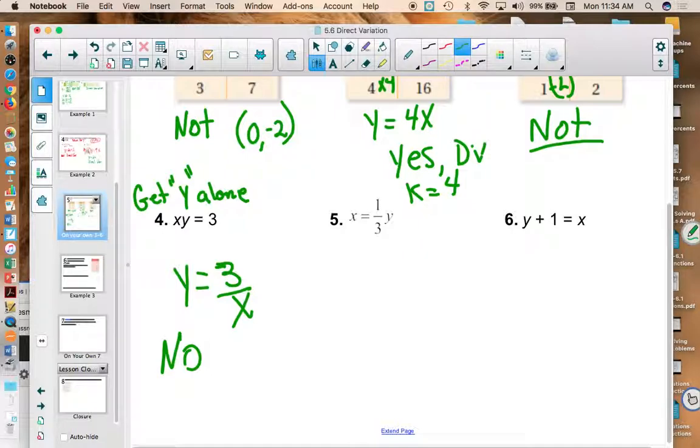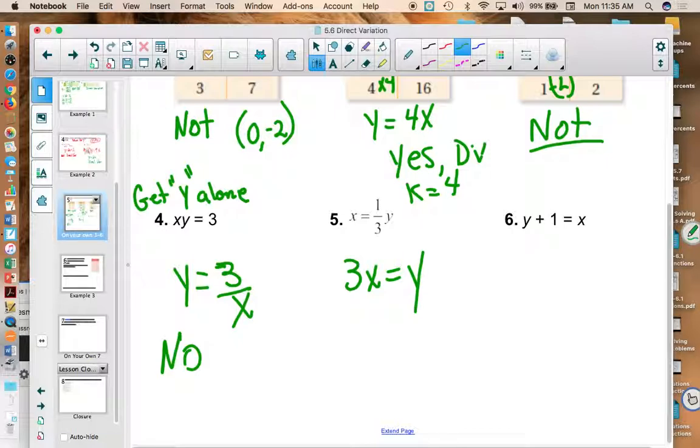Okay, look at number 5 here. I'm going to make sure we do the rest of these so that you know you got what you need. If I've got 1/3 times y, how do I get rid of the 1/3? Multiply everything by 3. So is 3x equal to y?